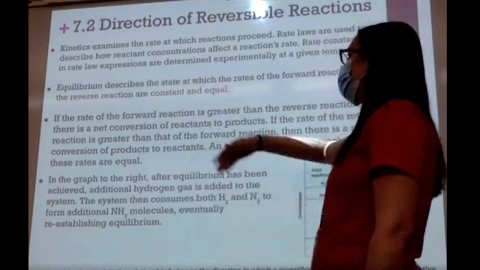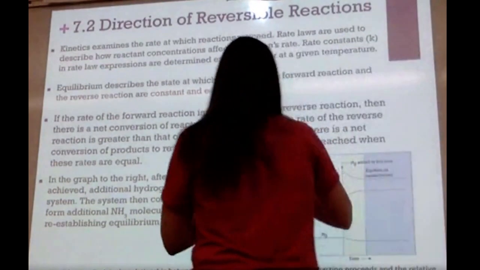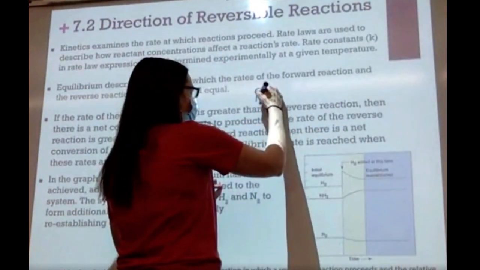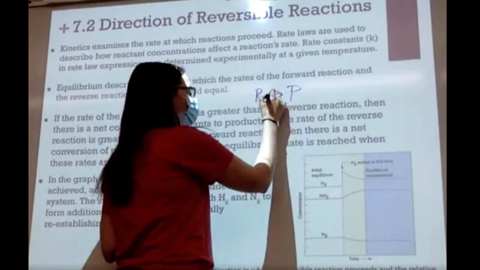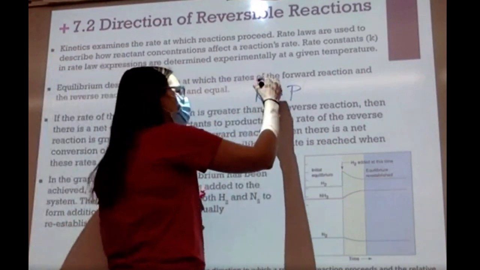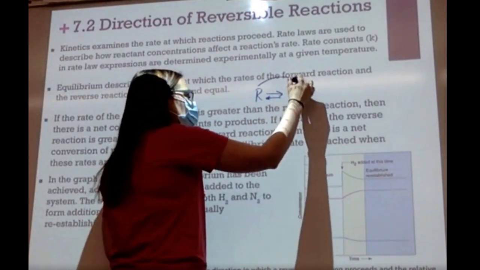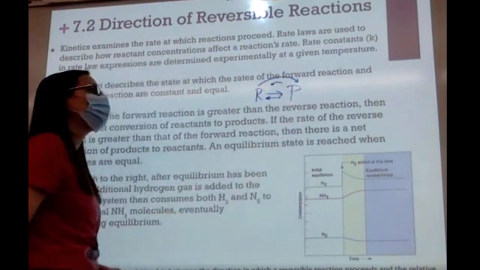Let's say we just have reactants going to products, and it's reversible, so we have the double arrow. If the forward reaction rate is greater, that means that reactants converting to products is greater than products converting back to reactants.